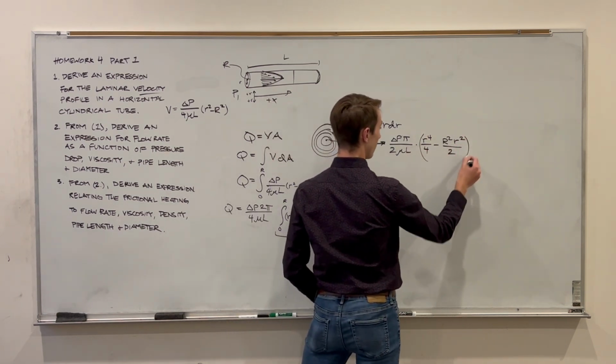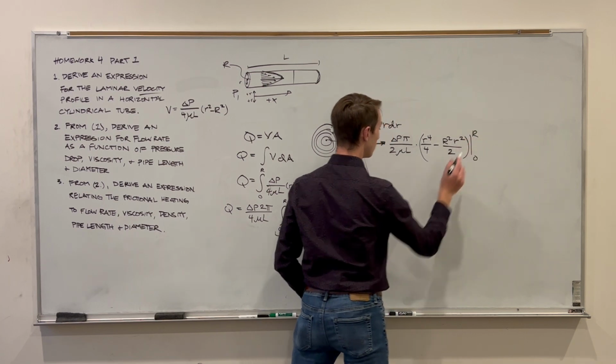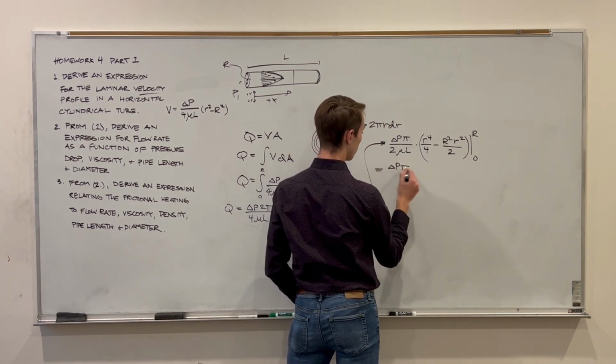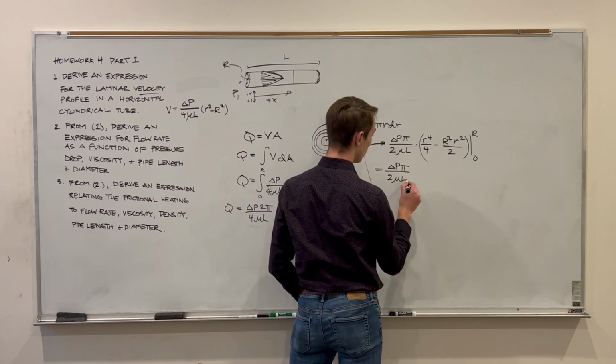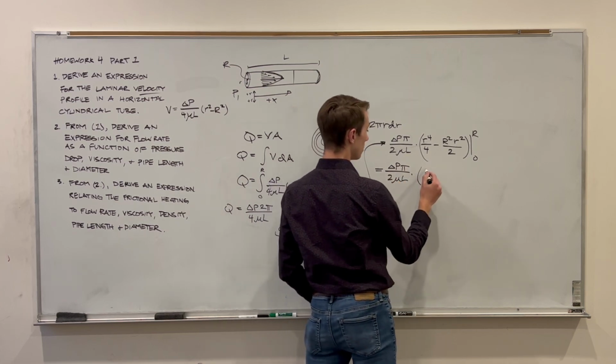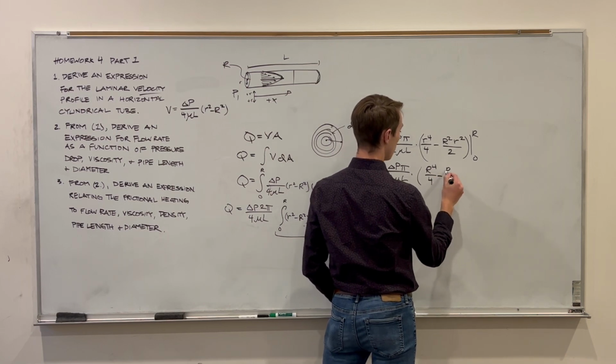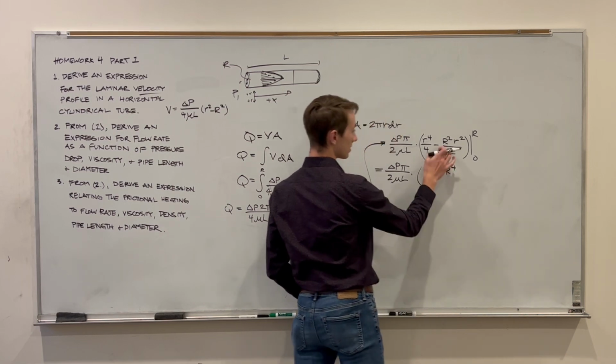And this, of course, is evaluated from 0 to R, which yields us delta p pi over 2 mu L times R to the 4th over 4 minus R to the 4th, right? Because it's R squared.